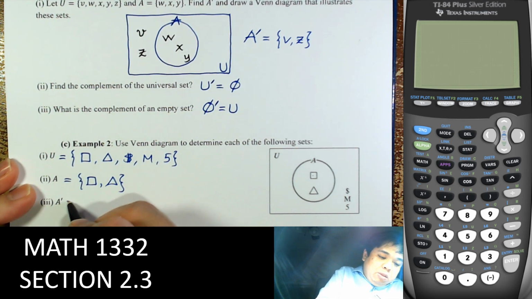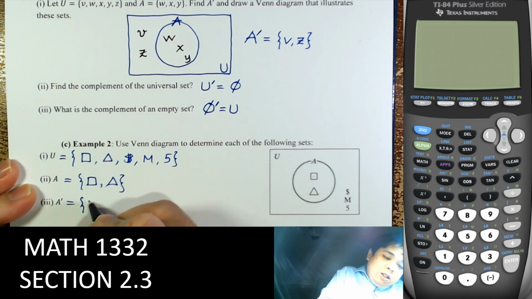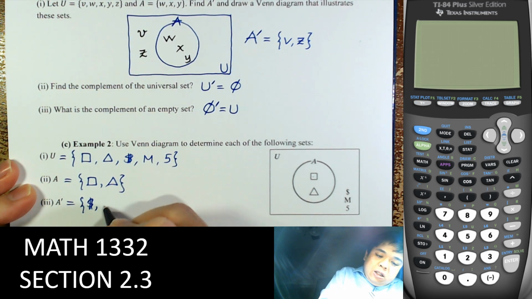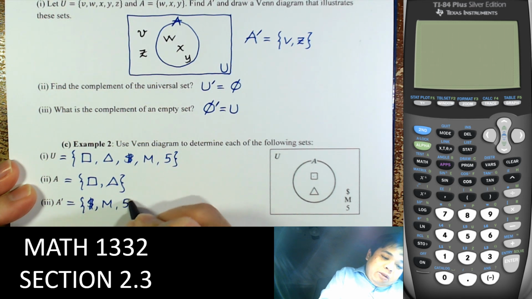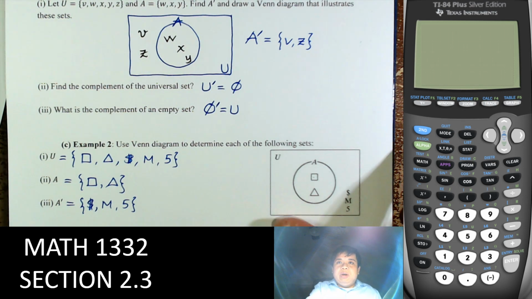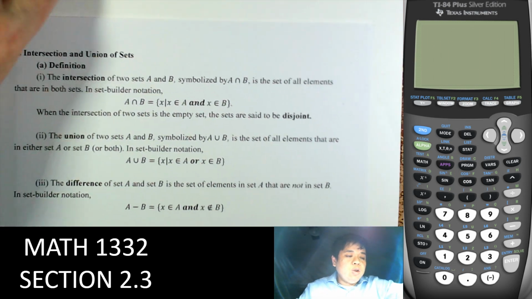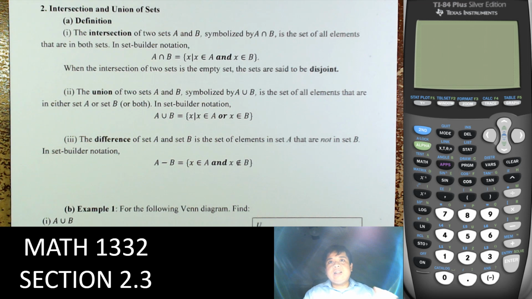So A complement, something that's not in A, will be these three: dollar sign, M, and 5. So we have a universal set, the set that contains everything, and the complement, meaning not in that set but still in the universal set. That is the first operation of sets, the complement.